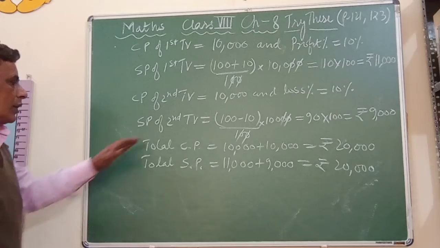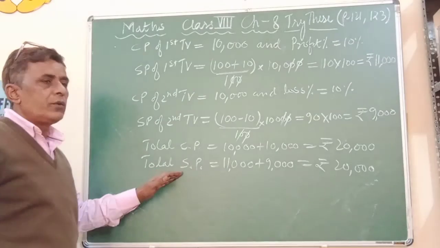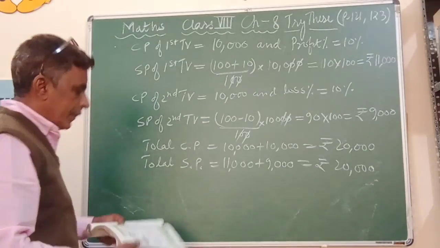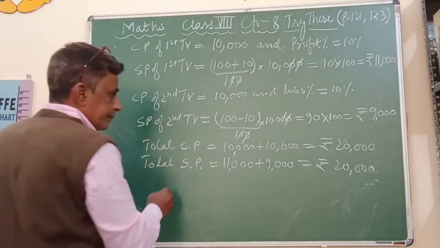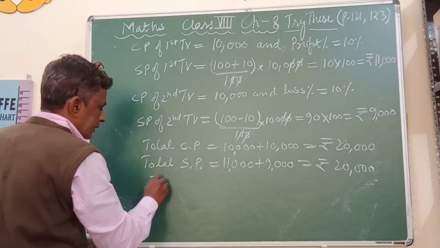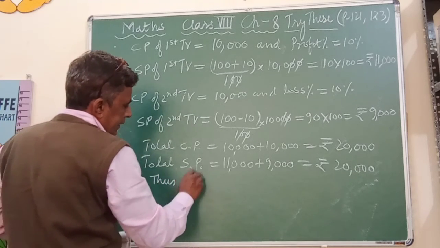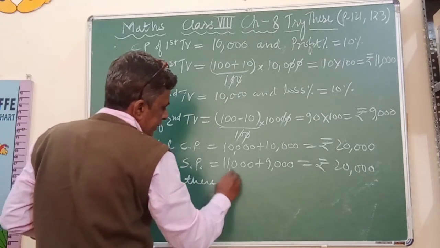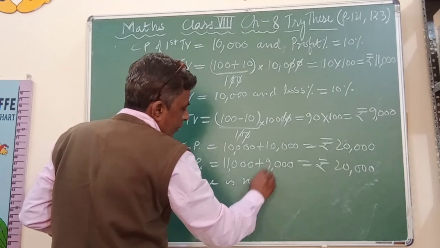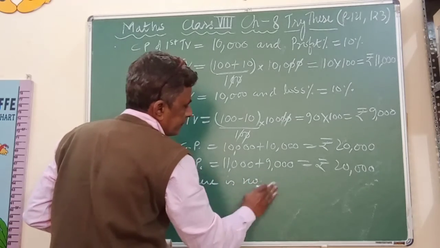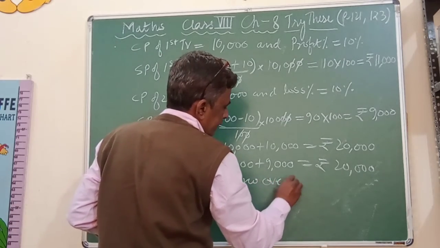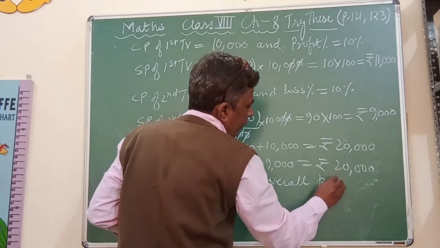Since total cost price and total selling price are equal, there is no profit or loss. Thus there is no overall profit or loss.